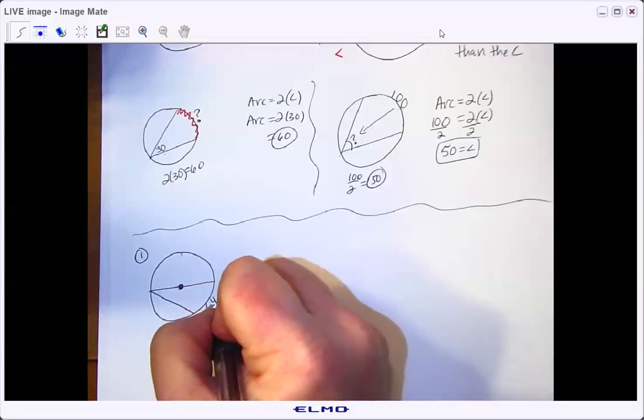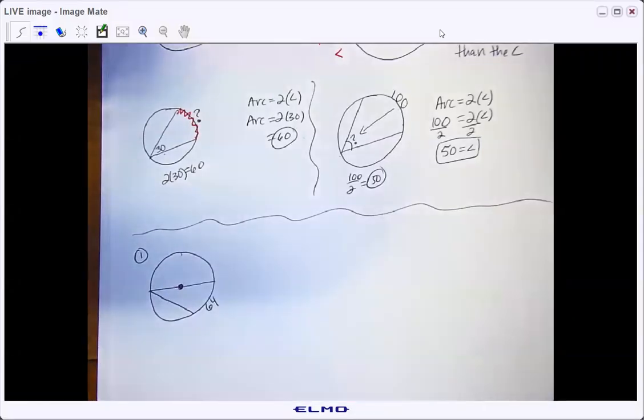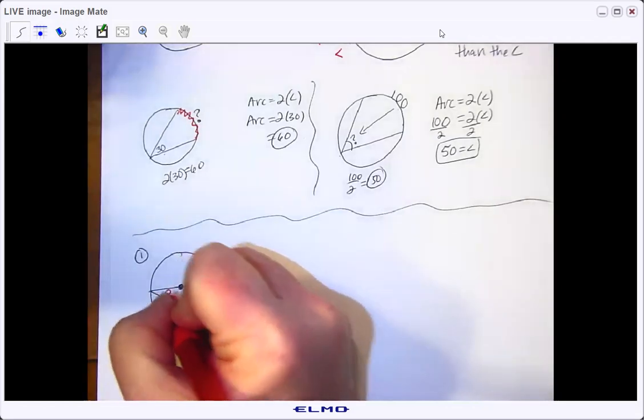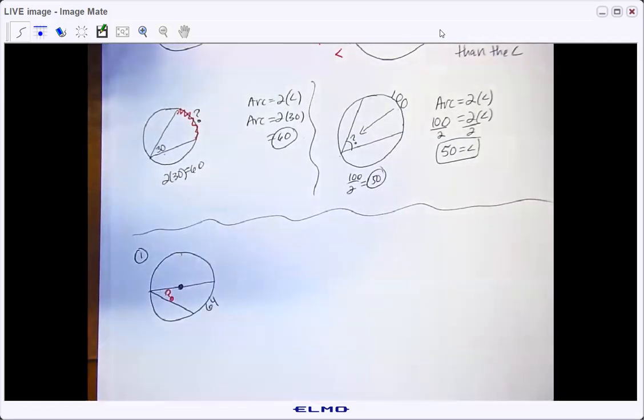This arc is 64, and we want to find this angle. So put your answer in the chat box. Remember, the arc is always bigger. You're close, Hayden. Good. So far, so good. Nice.